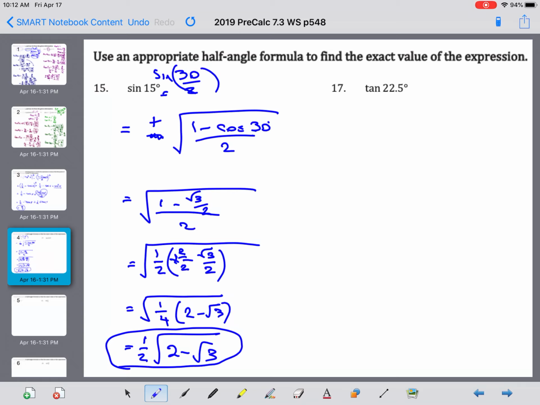So now here, this one, we're going to write as tangent of 45 over 2 degrees. Tangent has a couple of options here. I like this one, so I'm going to say 1 minus cosine of 45 over sine of 45.